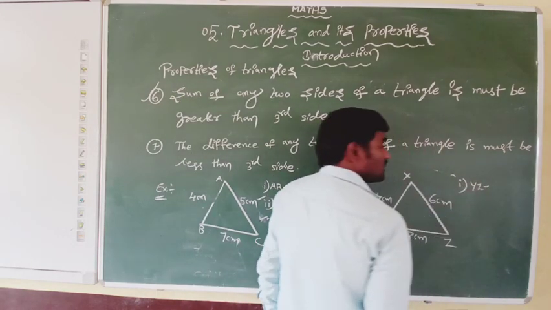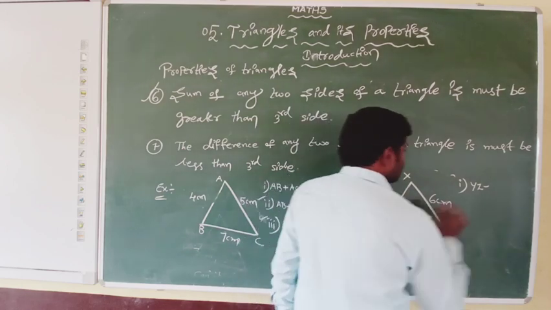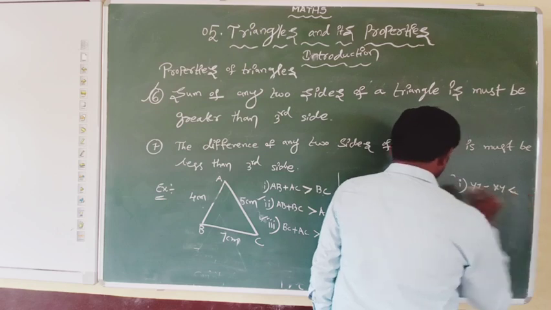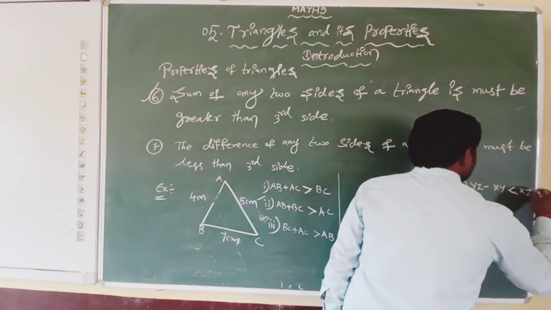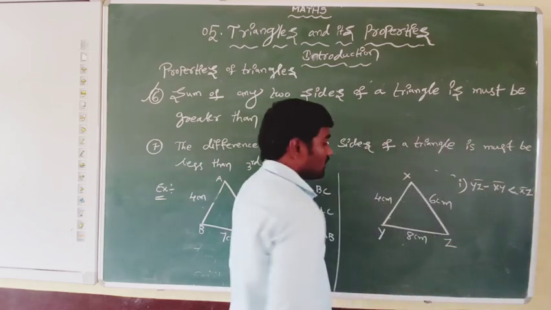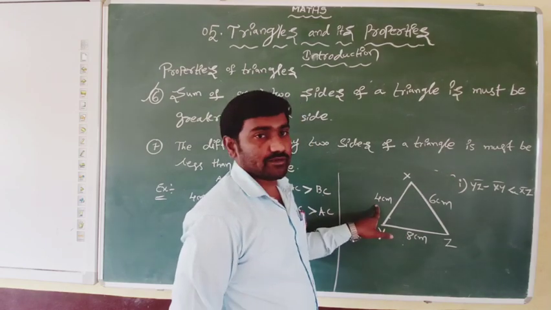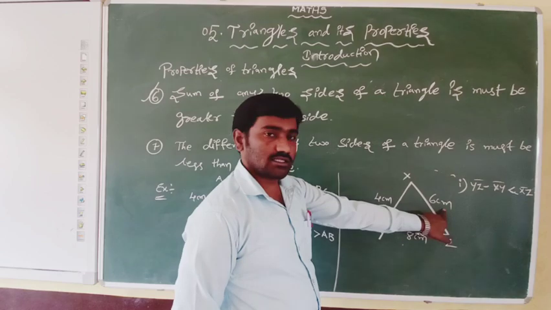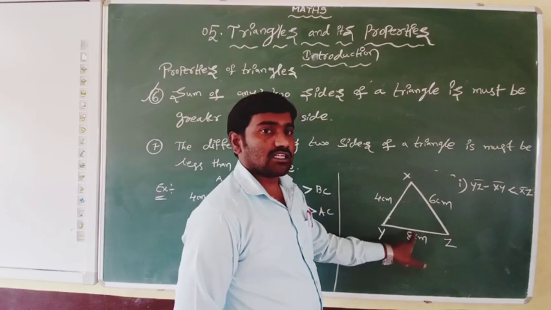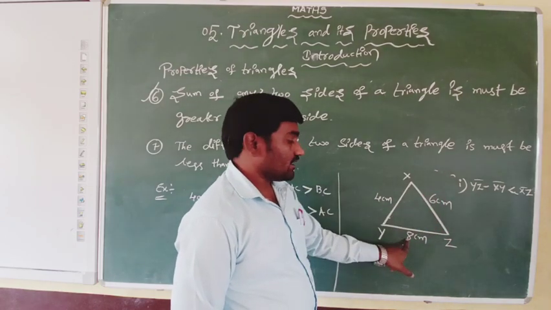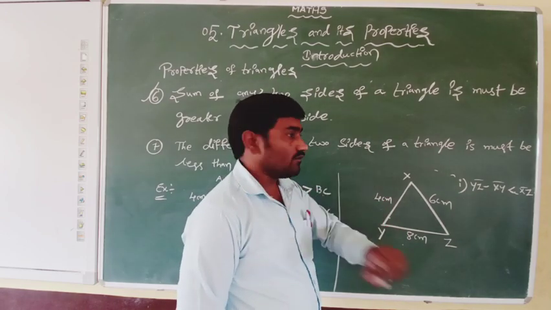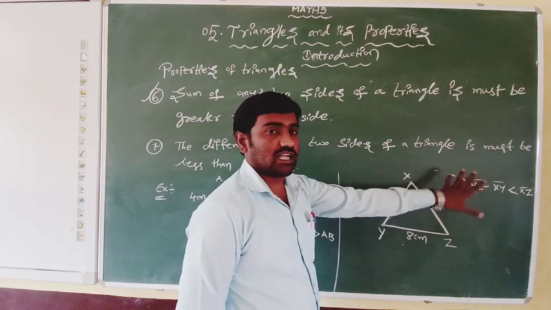YZ minus XY should be less than XZ. See that? 8 centimeter minus 4 centimeter. 8 minus 4 is 4. It is less than 6 centimeter. So it is satisfied.